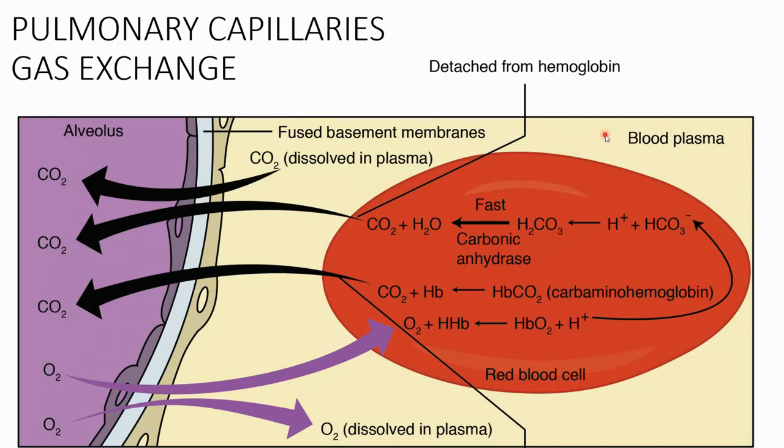Now, when we're talking about pulmonary capillaries gas exchange, this is happening in the lungs, okay? This is the exact same stuff we just talked about. You can see the alveolus right here. This is the lung, and this is the plasma.